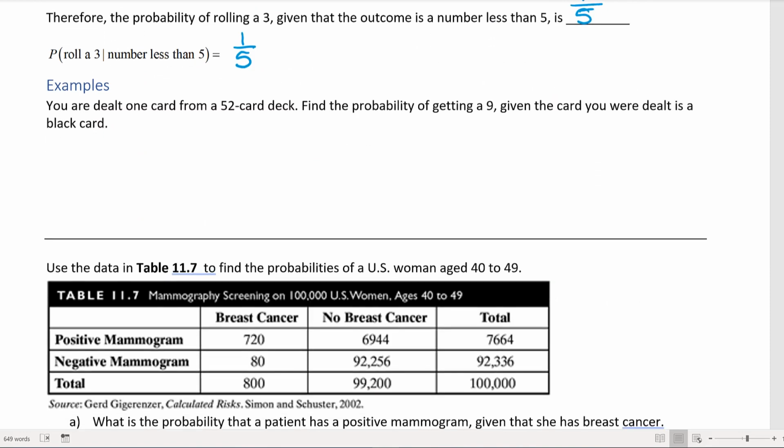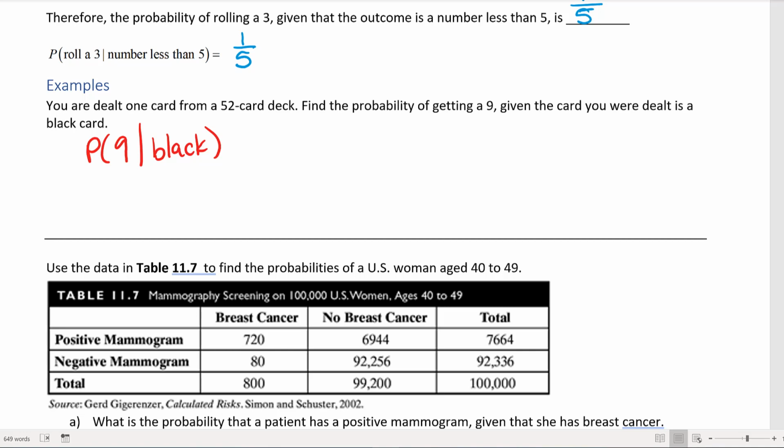Another example, let's say you're dealt one card from a 52-card deck. Find the probability of getting a 9 given the card that you were dealt is a black card. The way we're going to write that is the probability of 9 given that my card is black. Let's say I pull a card and ask what number it is, and I give you a hint: it's black. Narrowing it down to black gives you a bit of a hint.